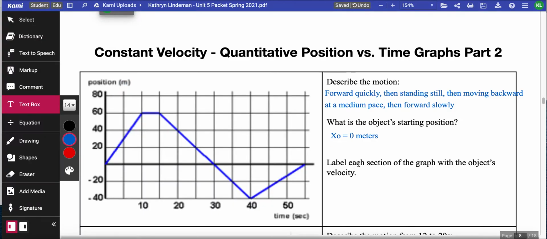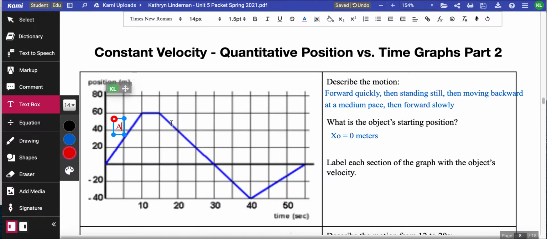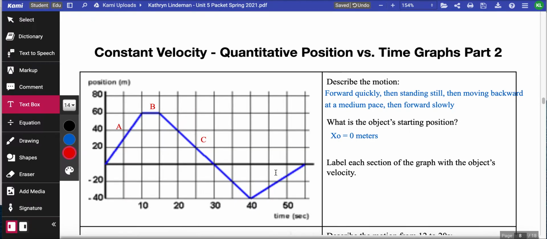Okay, label each section with the graph's velocity. So for velocity, we do rise over run, and I'm actually going to label these sections C, D, and then I'm just going to put the velocities over here.